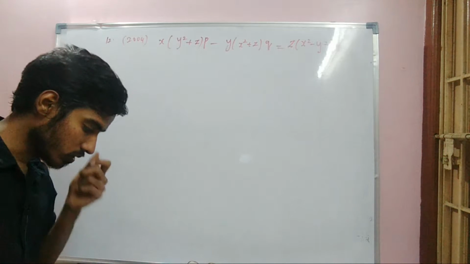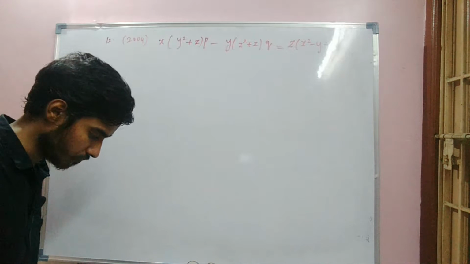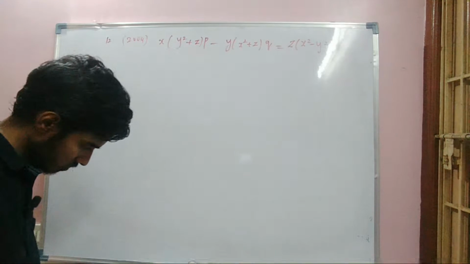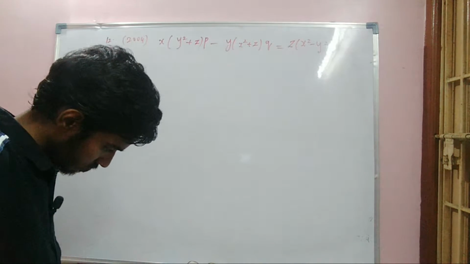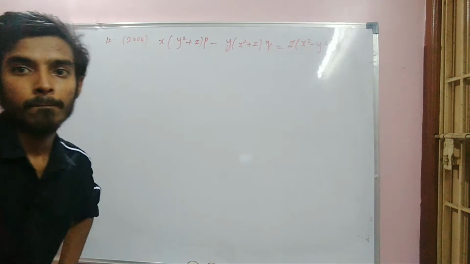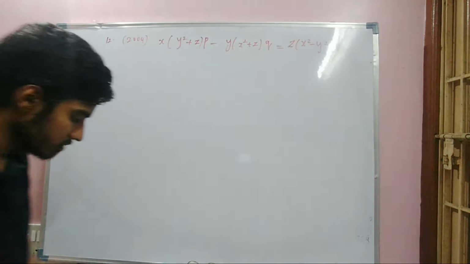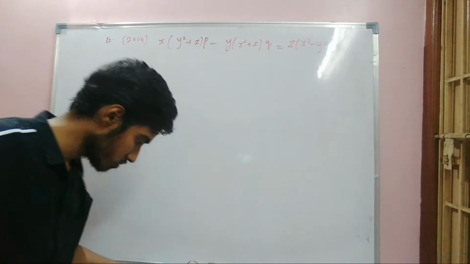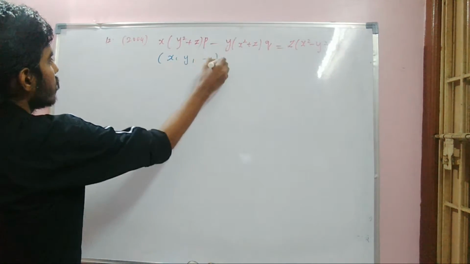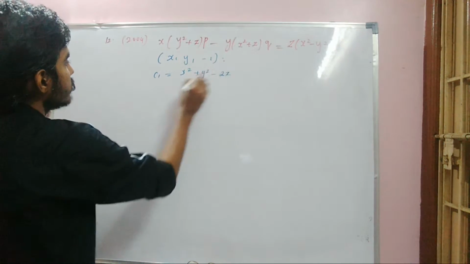So therefore c1 is equal to x square plus y square minus 2z. The first multiplier is x comma y comma minus 1, so c1 will be x square plus y square minus 2z.